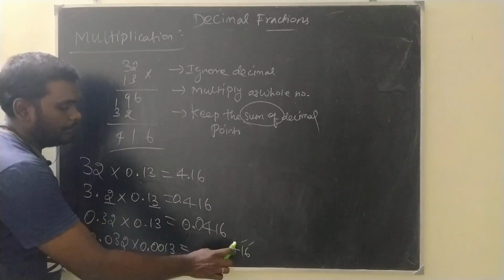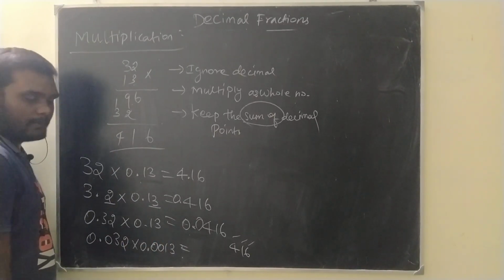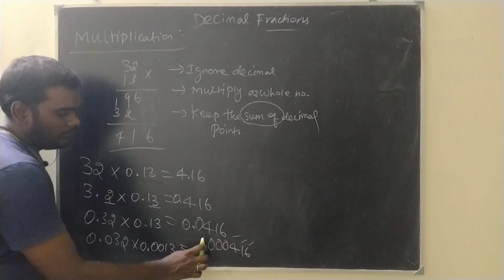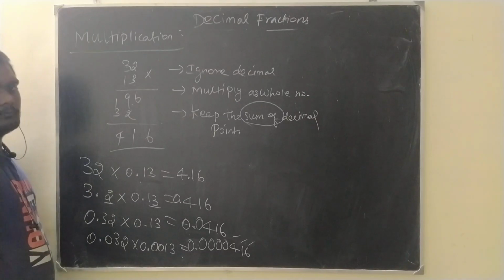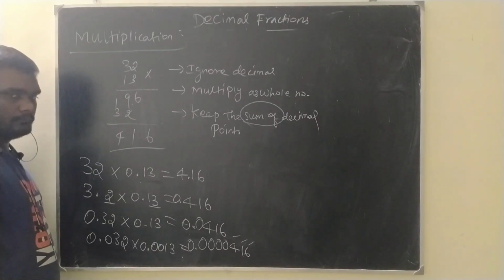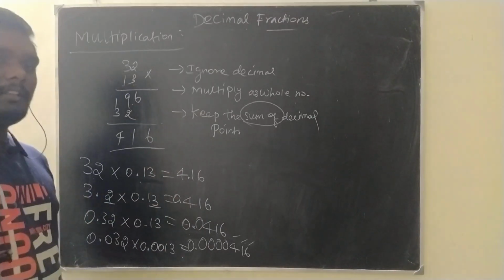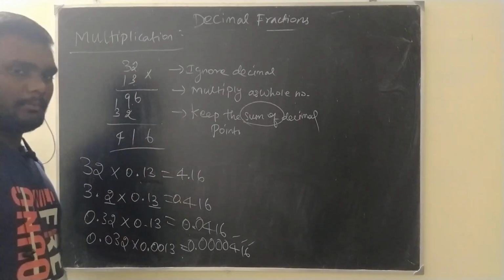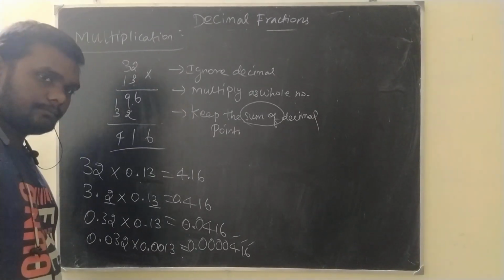So 1, 2, 3 decimal points covered. For the remaining 4 decimal points, 1, 2, 3, 4, a dot and after that 0. Okay. Clear? This is the only difference between this multiplication and the normal multiplication. Okay. Clear?